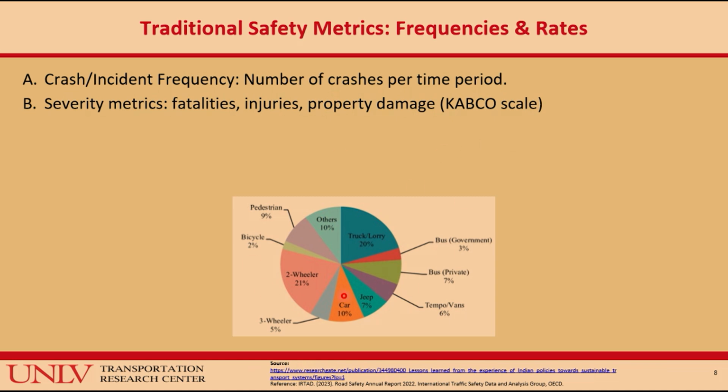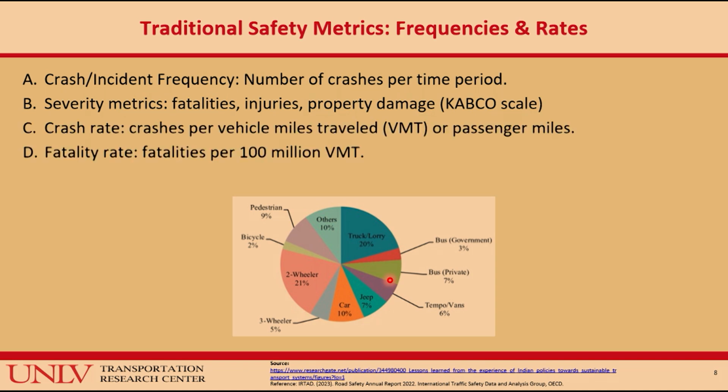And then we also looked at who is involved: pedestrians, bicyclists, two-wheelers, buses, cars, trucks, and so forth. But all of this is based on either a count, or, like I mentioned yesterday, percentages, what share of the total. That does not tell the whole story. What we need to look at is some measure of activity or exposure.